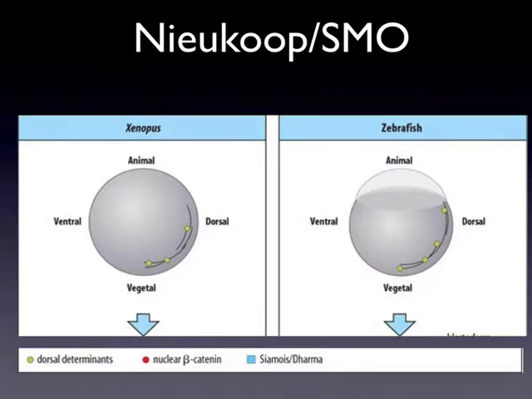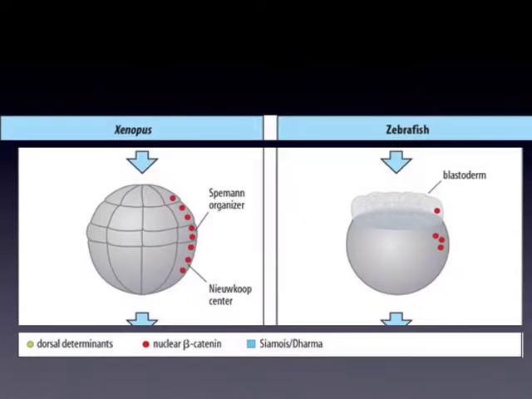So we've got those dorsal determinants that are basically displaced during cortical rotation, moving up dorsally, and we've got the beta-catenin that is enabled to go into the nuclei of those cells in the dorsal region due to that stabilization. Same thing is happening in the fish, all right?